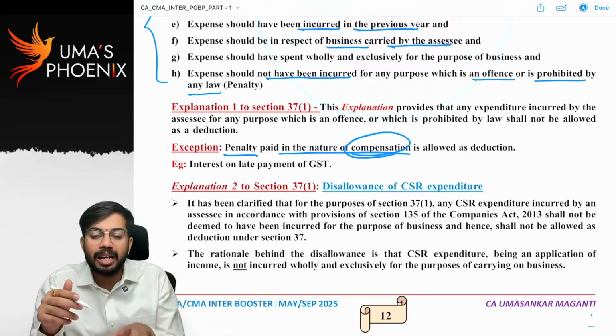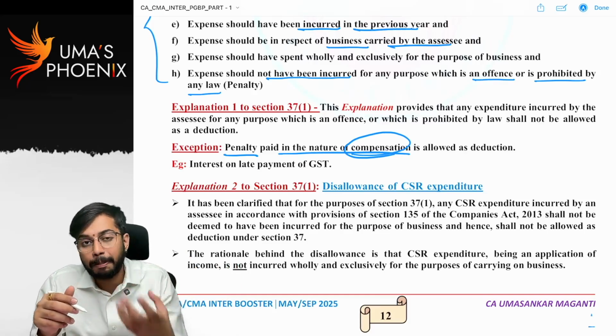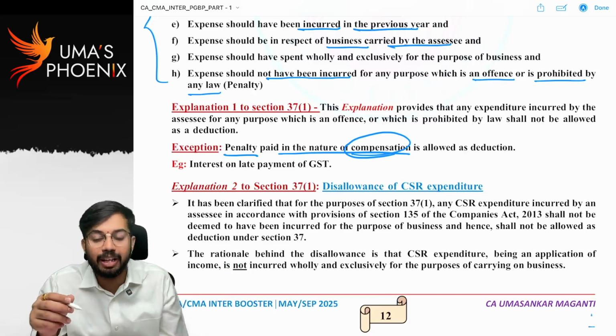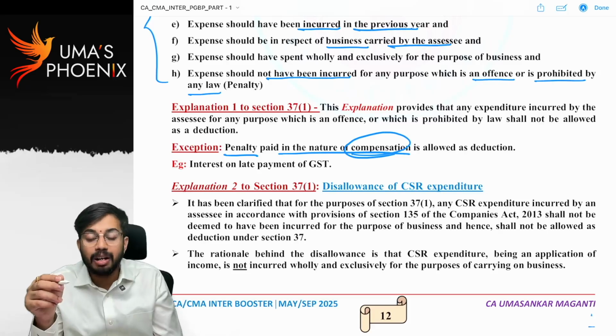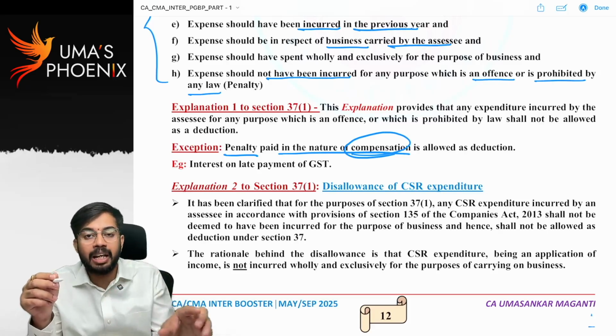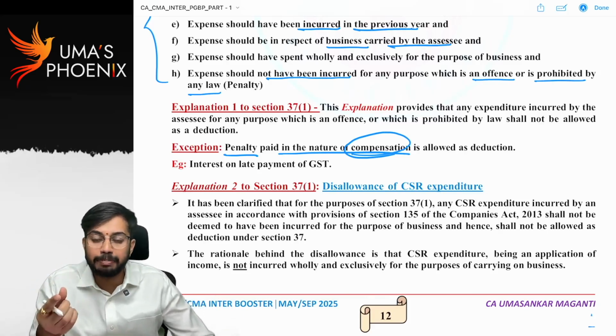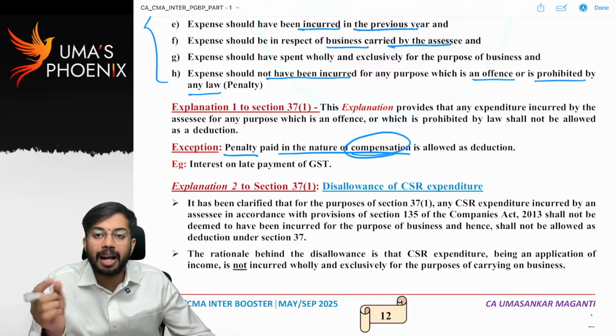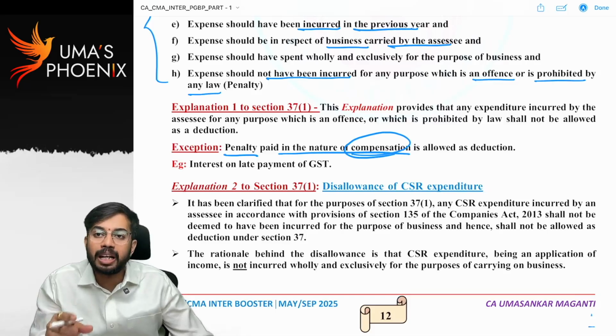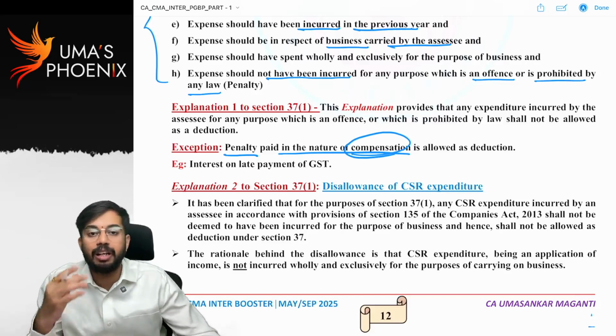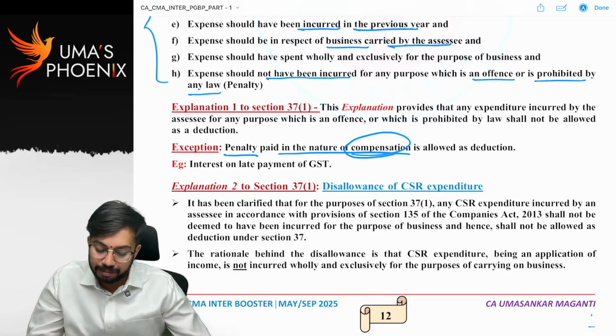So if any penalty is paid and that penalty is in the nature of compensation, then it is allowed as expenditure. But general penalty is not allowed as deduction. For violating any law, if any penalty is paid, not allowed as deduction. If penalty is levied to compensate the interest expenditure of the government, if penalty is in the nature of compensation, then it is allowed as deduction.